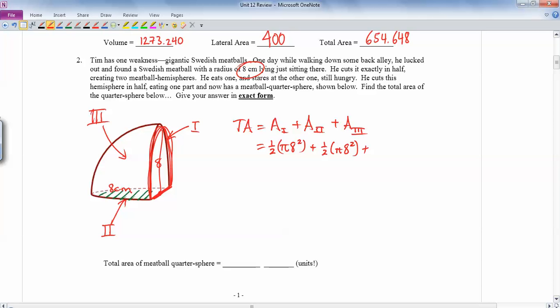And then the area of 3, this thing right here, is a quarter of the surface of a sphere. So it's 1/4 the area of a sphere. And the area of a sphere formula we learned on the last handout is 4 pi r squared. So that'd be 4 pi 8 squared.